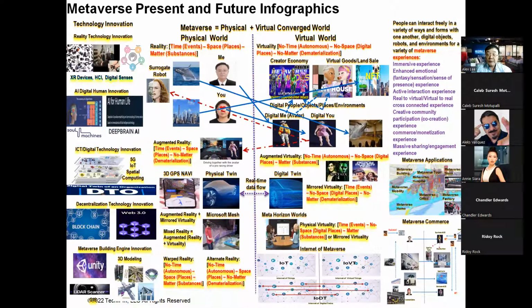Whatever you do in the real space will be converted to the virtual space through spatial computing. Digital twin technology will also be required, along with cloud computing, data storage, and all the digital data technology.